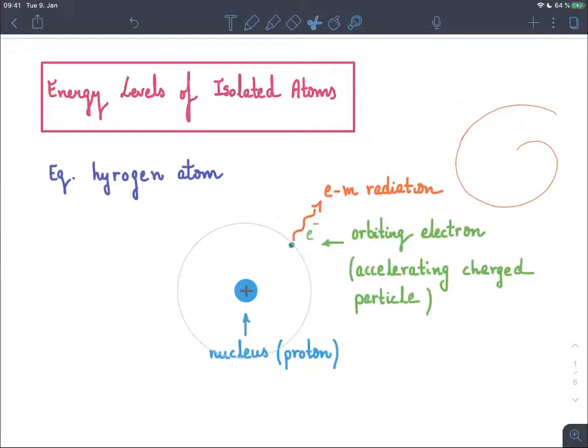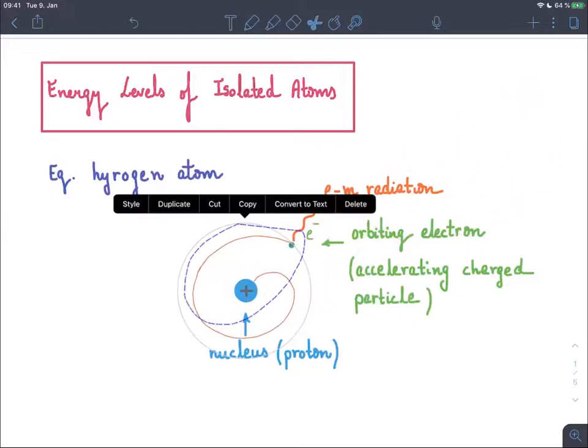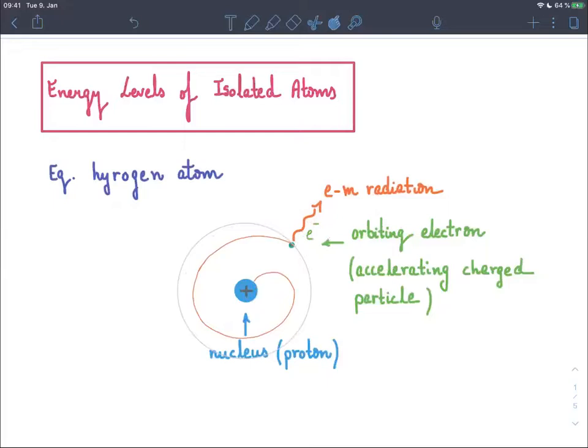Owing to their loss of energy, the electrons would necessarily spiral down into the nucleus, and the whole atom would shrink. Something which clearly does not happen in practice, otherwise objects around us would practically vanish out of sight.